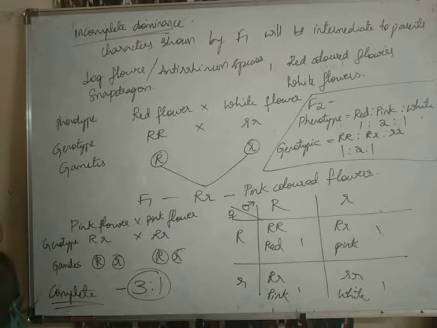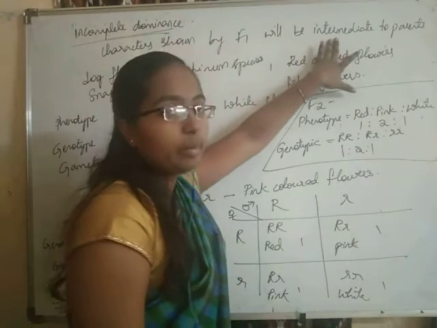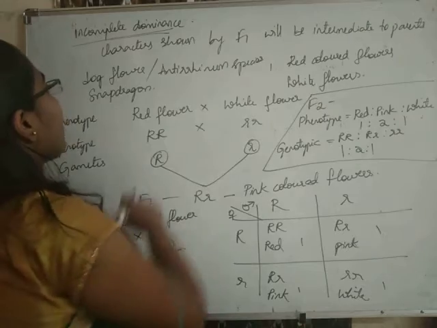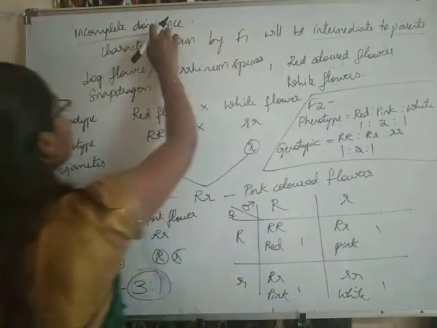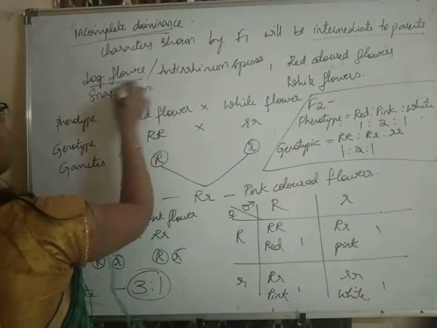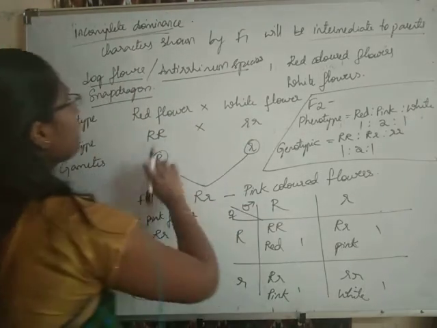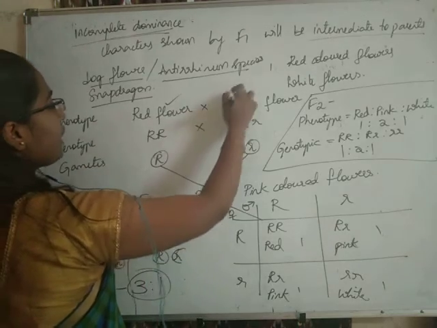So, what is incomplete dominance, students? The characters shown by the F1 individuals will be intermediate to the parents. What points to be noted for NEET I am saying now? The characters shown by the F1 individuals will be intermediate to the parents in incomplete dominance. Examples: dog flower, snapdragon or Antirrhinum species. Here the example is taken regarding red and white flowers.